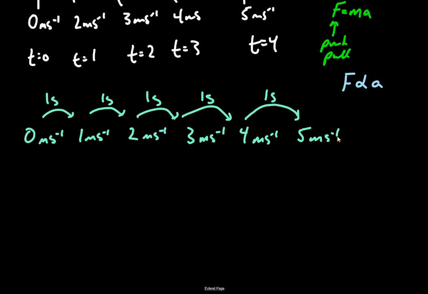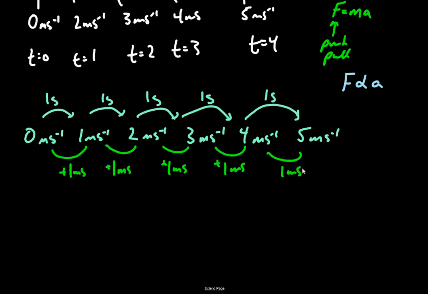Now, how much more am I going? I'm going plus 1 meter per second from what I was doing before. 1 meter per second. 1 meter per second. 1 meter per second more. See where I'm going with this? 1 meter per second more. Exactly.